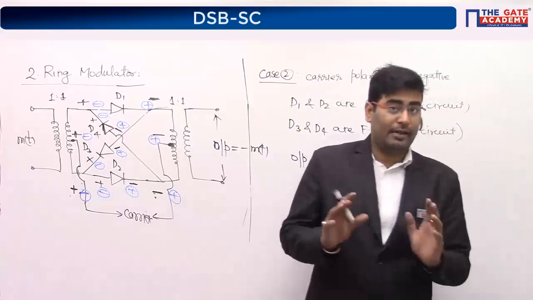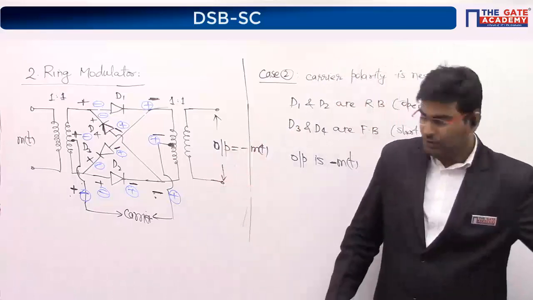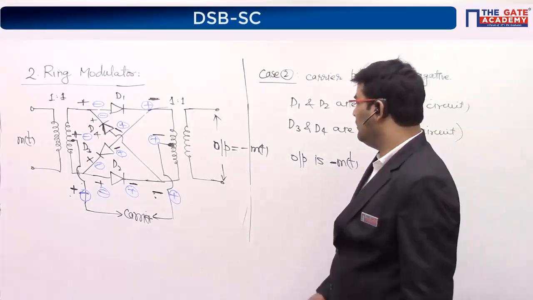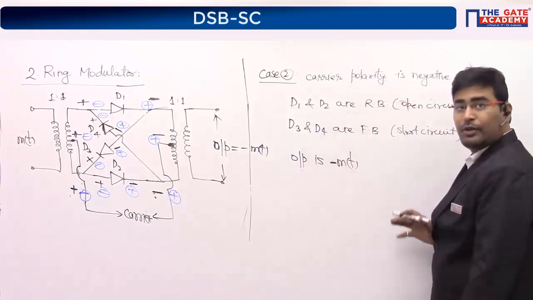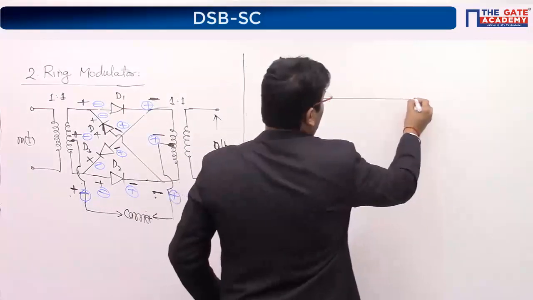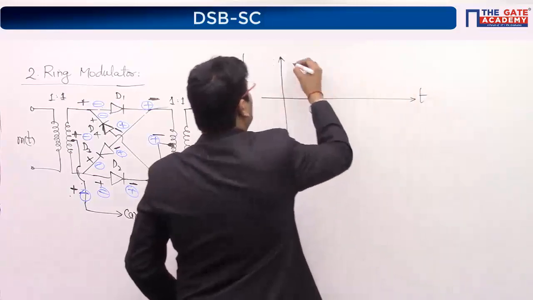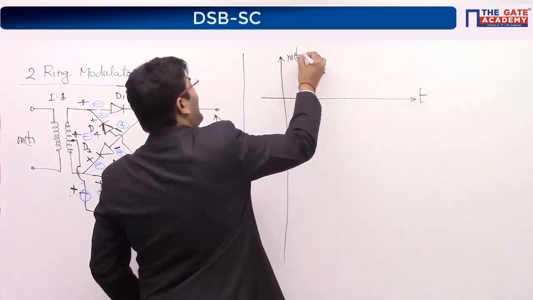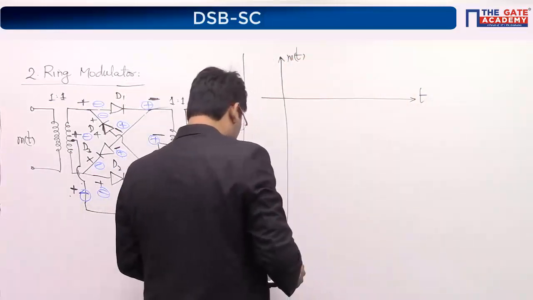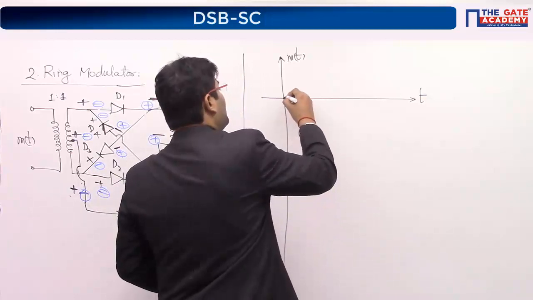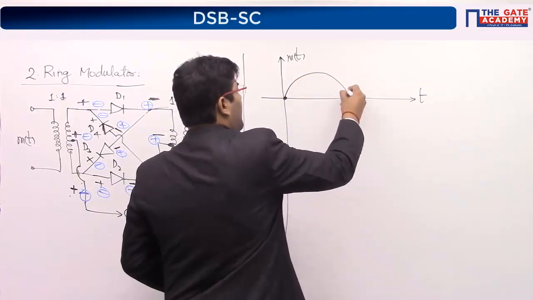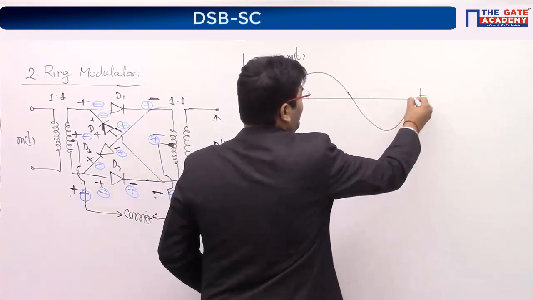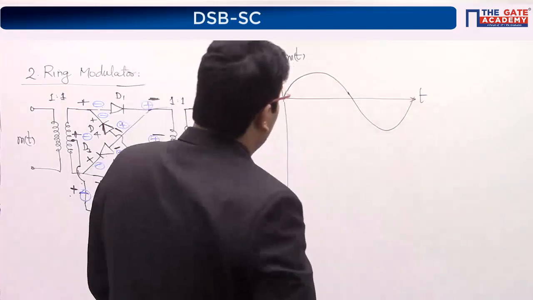The most important tricky part is to draw the diagram. So for that, I will take this out. I hope you are done on this. So the first waveform you are looking at is of m(t). So it starts like this, and finishes like this. Is it symmetric?